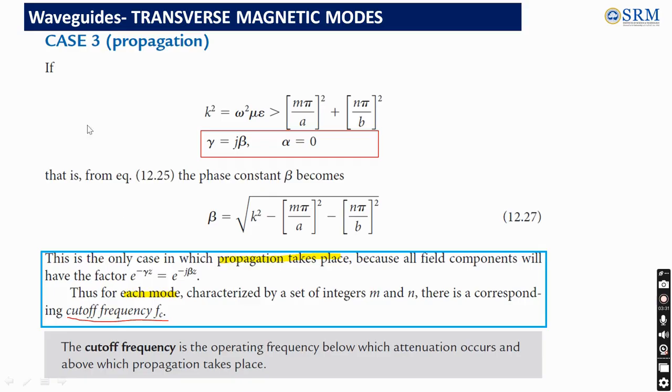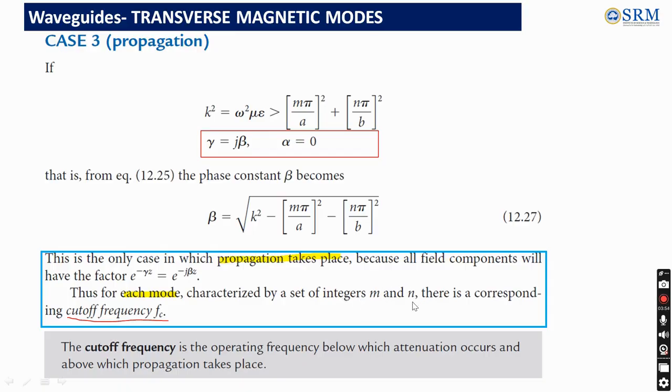This third case is the only case in which propagation takes place, because in all the field components we have a factor of e power minus gamma z, and we know gamma is j beta.